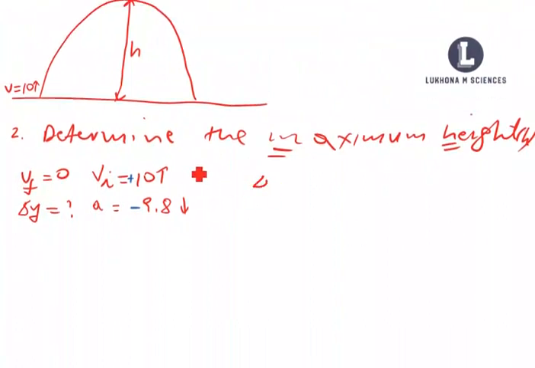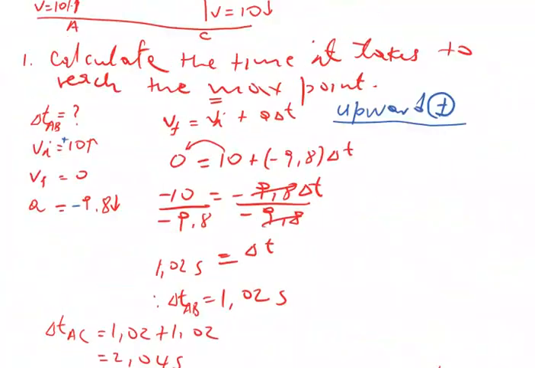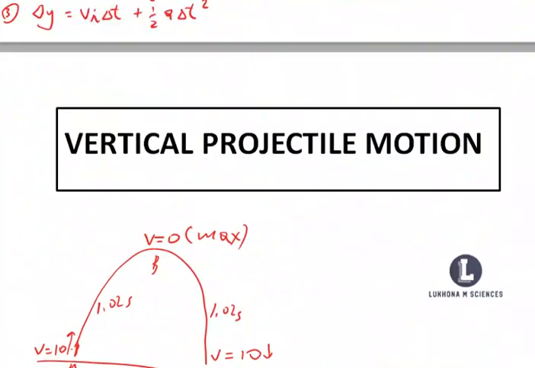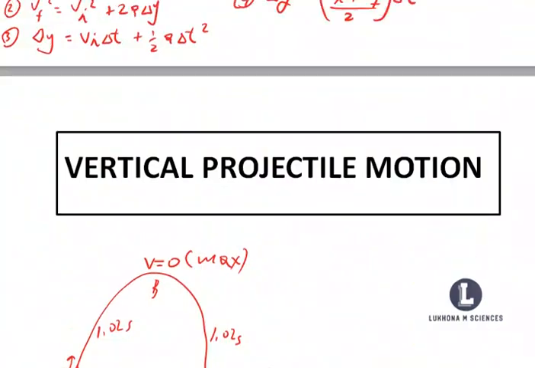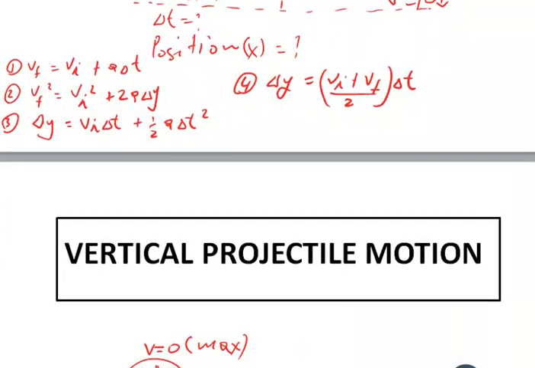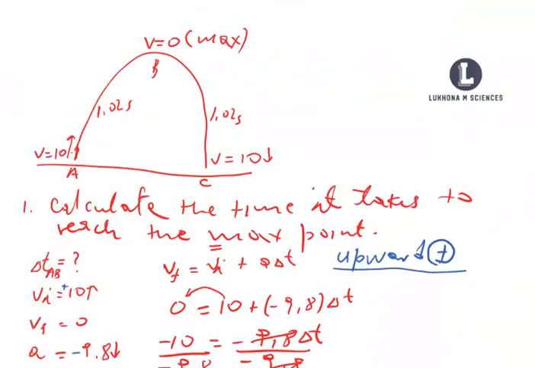So final velocity squared is equal to initial velocity squared plus 2a delta y. This is the formula that we're supposed to use. Final velocity squared, initial velocity squared plus 2a delta y.